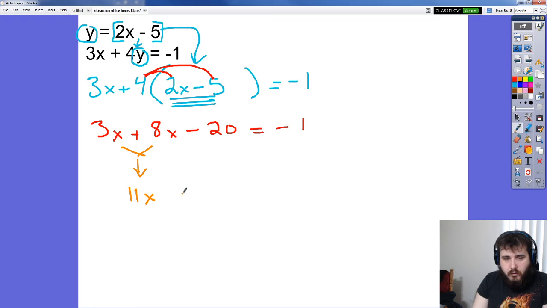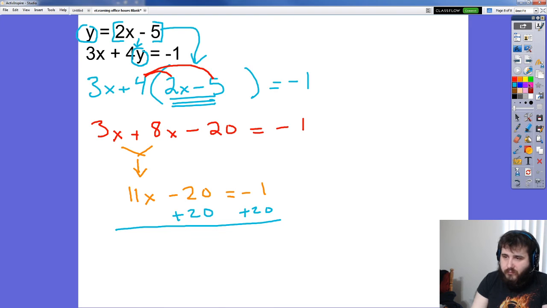And I can solve this two-step equation now, right? Now you're going to notice, some of you may already be seeing, oh no, this is not going to come out very nicely. That's okay. Don't worry.